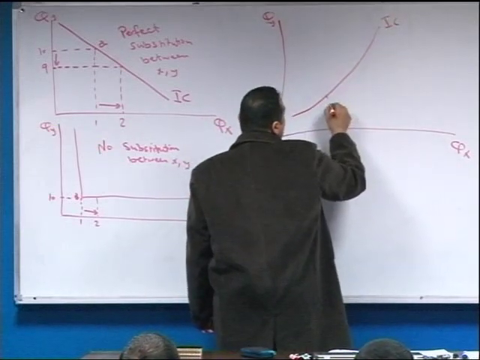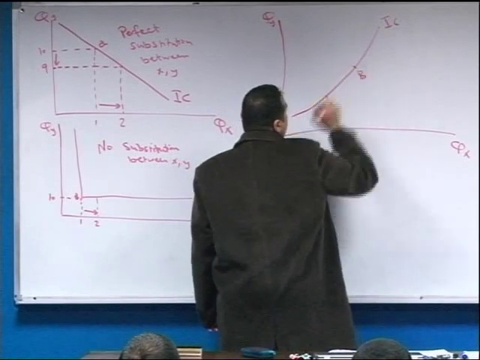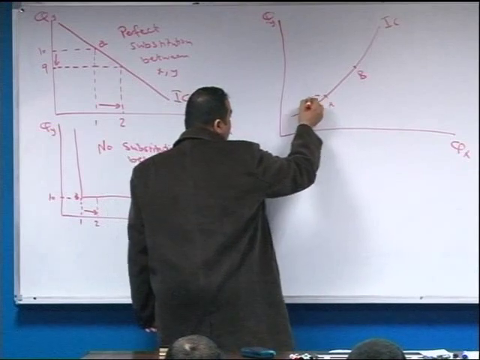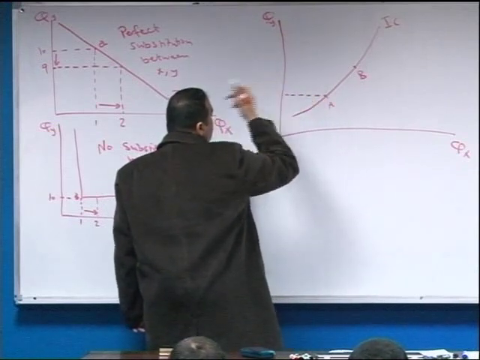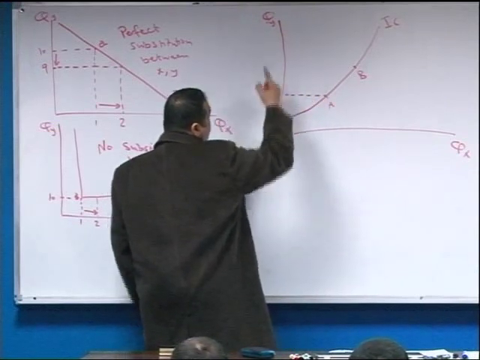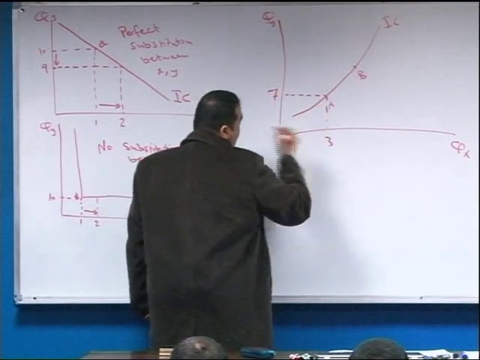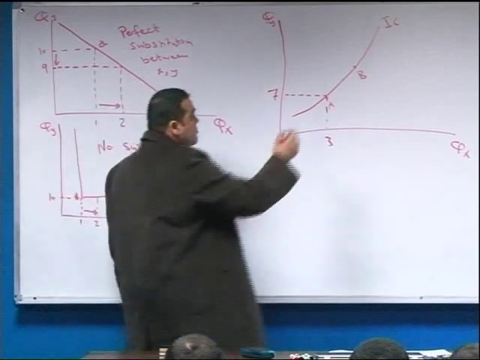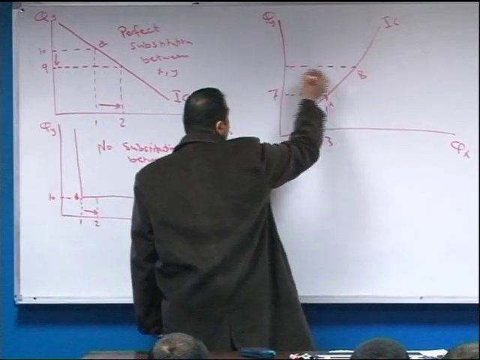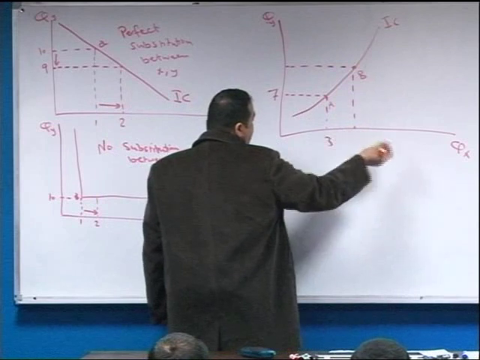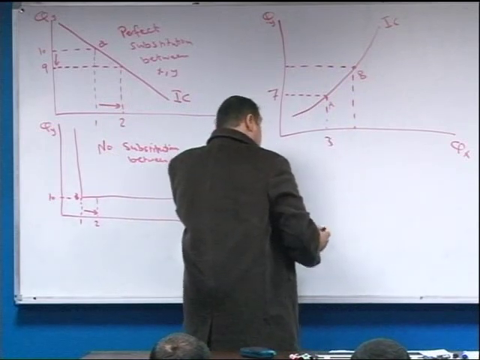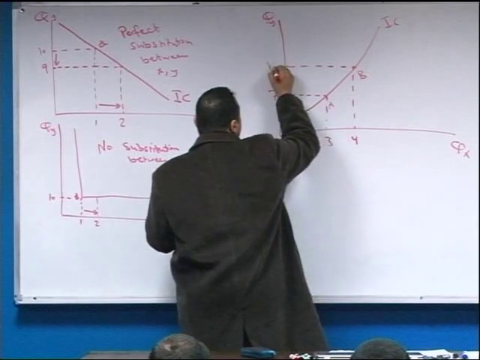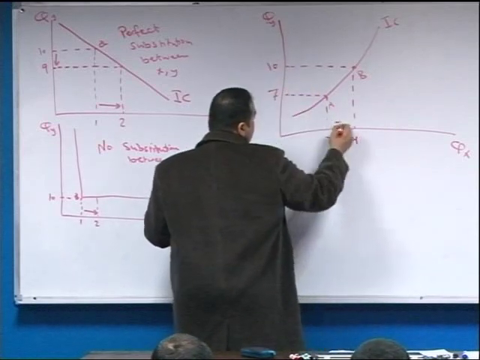Do a comparison between A and B. At point A, suppose that the consumer consumes 7 units of Y and 3 units of X. At point B, he decided to increase his consumption of X by 1 unit, to 4, and Y increased by 3 units.